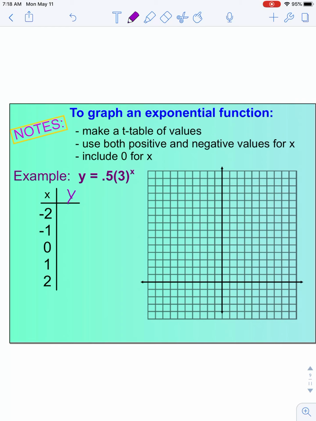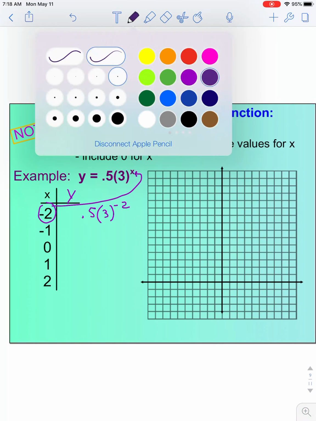So now what I do is I take my x value right here, -2, and I have to plug it in for the x. So that's going to look like 0.5 times 3, and then you're going to use the arrow key.